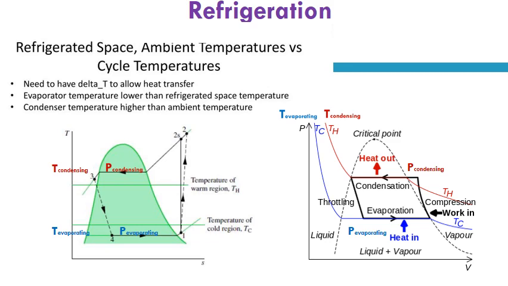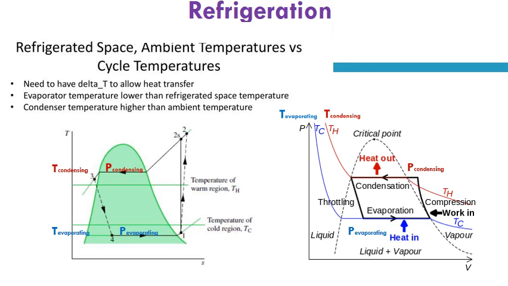It should be clear that a terminal temperature difference should be kept between the evaporator and the cold space to be refrigerated. The refrigerant in the evaporator must be lower than refrigerated space temperature.